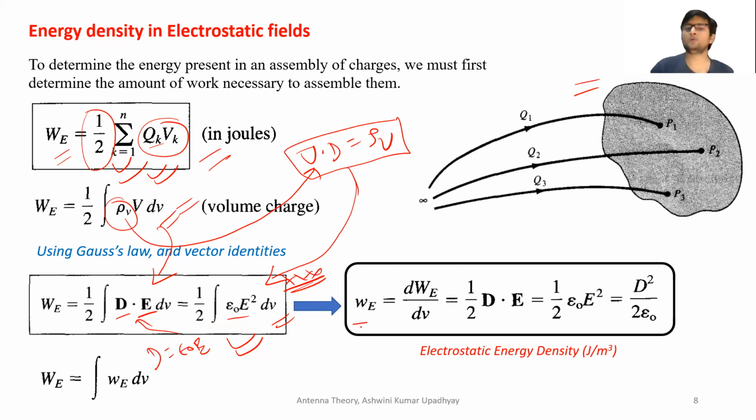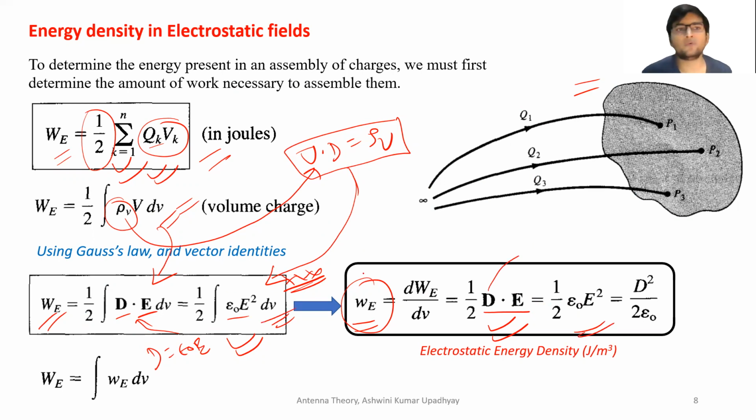Now, if you want to calculate the total energy density or electrostatic energy density in that particular volume, then definitely you will have to take the volume differential of this quantity WE. When we do this, the integral sign will be removed, and we will get our electrostatic energy density as half of the dot product of D and E. And if you replace D with epsilon E, you will get this formula, right?